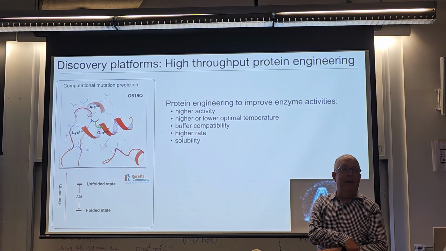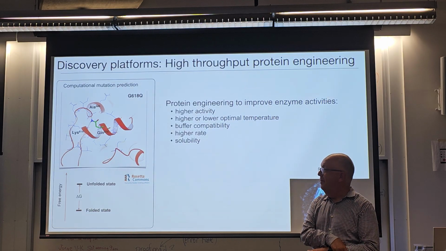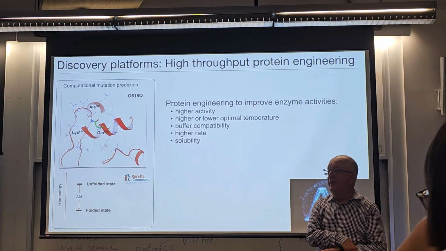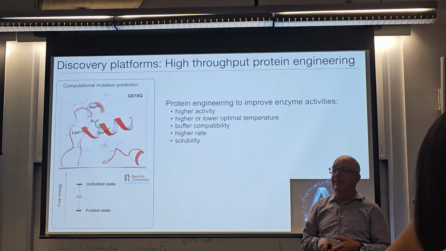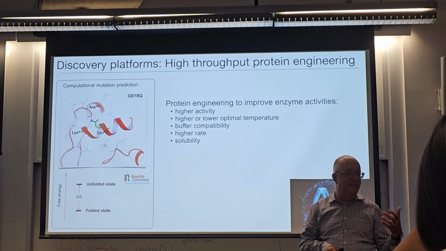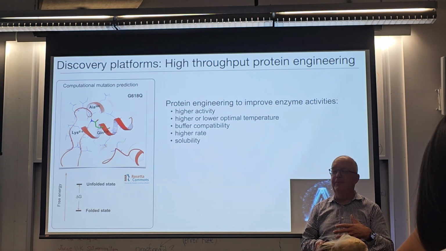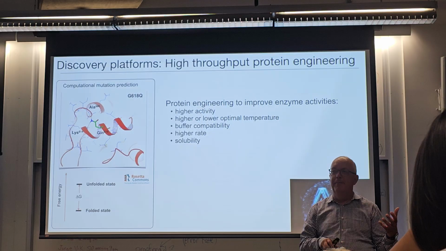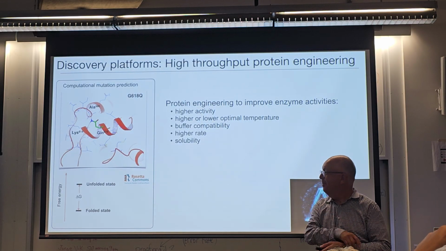It might not be compatible with the buffer that you actually want to use it in, or it might be insoluble, and you might need to make it more soluble. So really trying to use AI to solve some of those problems. The state of the art in the field right now is that the AI is way ahead of actual testing the enzyme. The computer people can really predict what they think is going to be important, but the slow step is really making those proteins and testing.